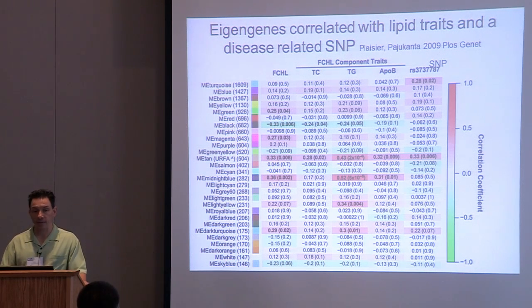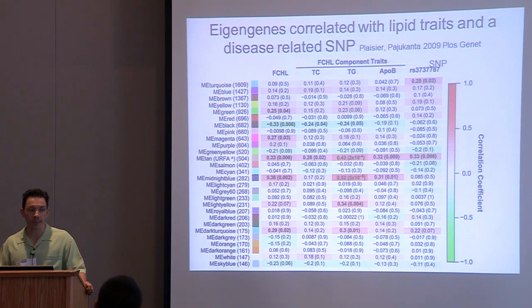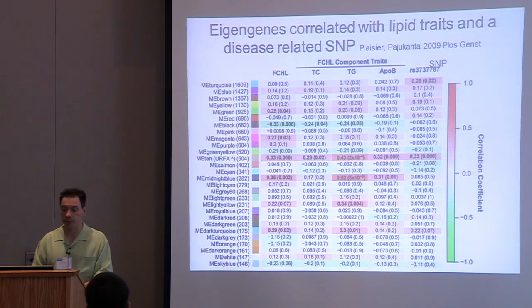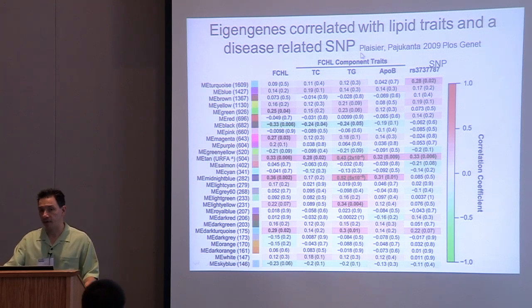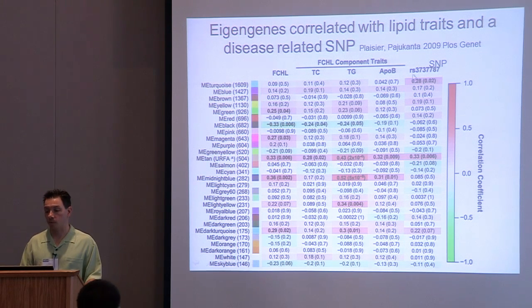They had 75 adipose tissue samples from human subjects, and they had different clinical traits: disease status, total cholesterol, triglyceride levels, ApoB, and they had also identified in a linkage analysis one SNP that was related to hyperlipidemia status.